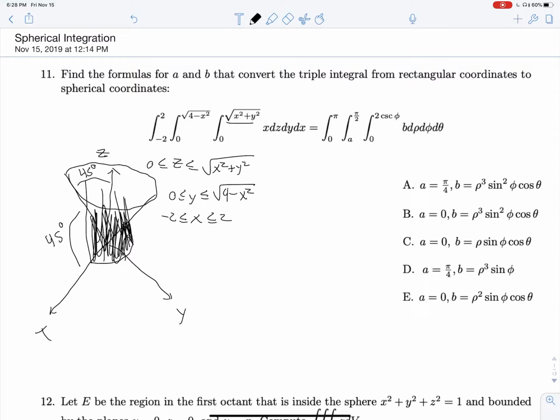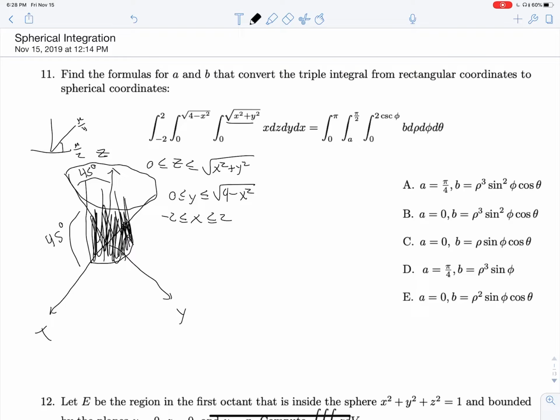And so from this, we know that we want phi to range from pi over 4, which is going to be our 45 degree mark, all the way down to our xy plane, so pi over 2. Pi over 4 to pi over 2.